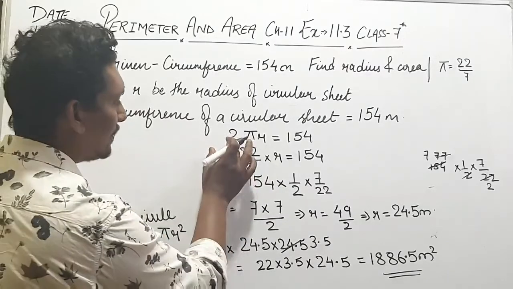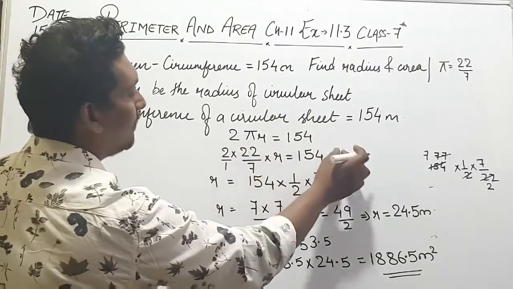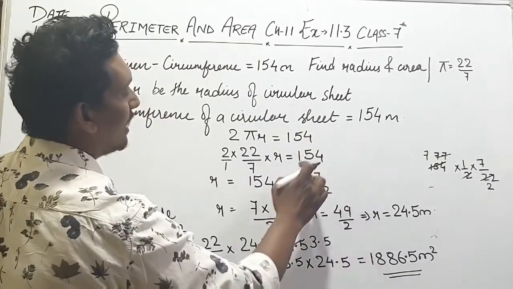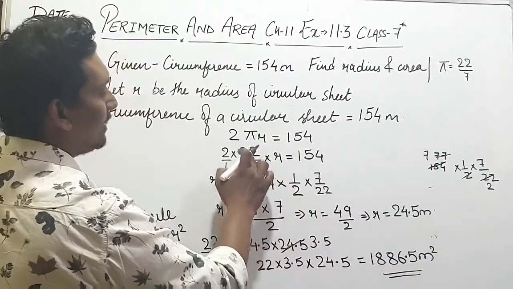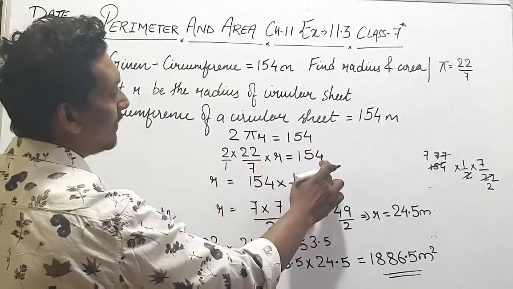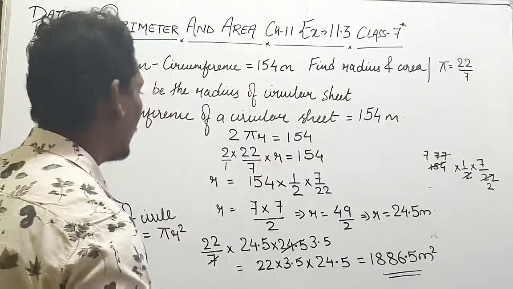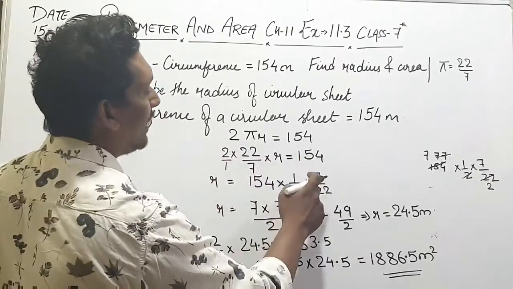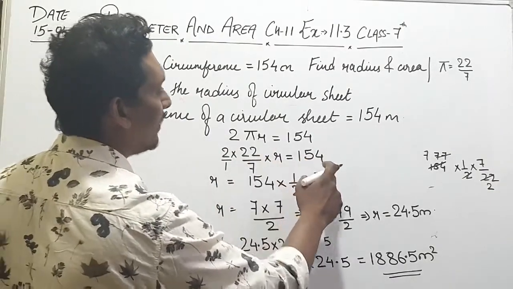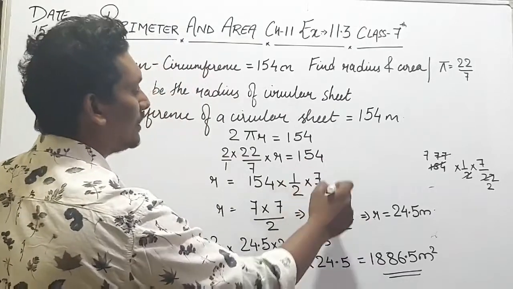When you shift this 2 by 1, it will become 1 by 2, and this 22 by 7 will become 7 by 22, means it's a reciprocal. So 2 by 1 will become 1 by 2 and 22 by 7 will become 7 by 22. We have to take the reciprocal.